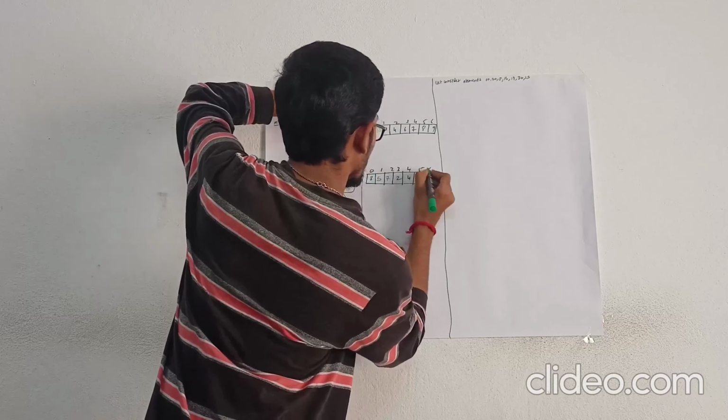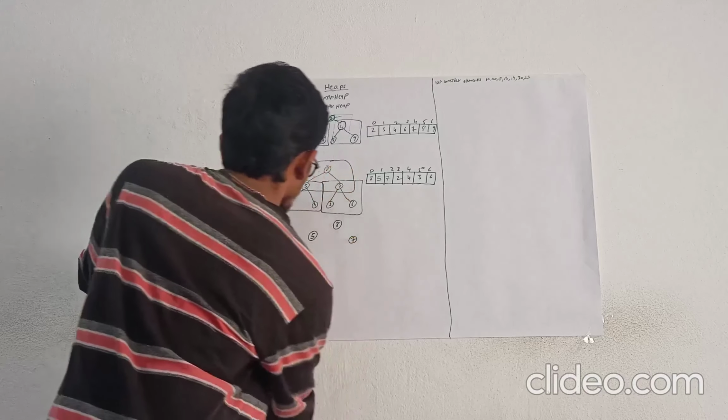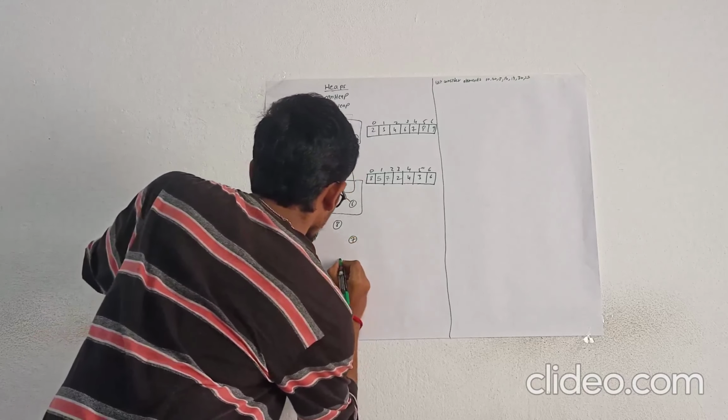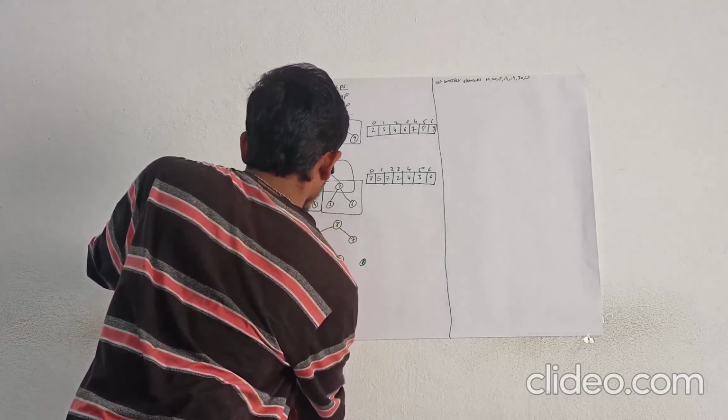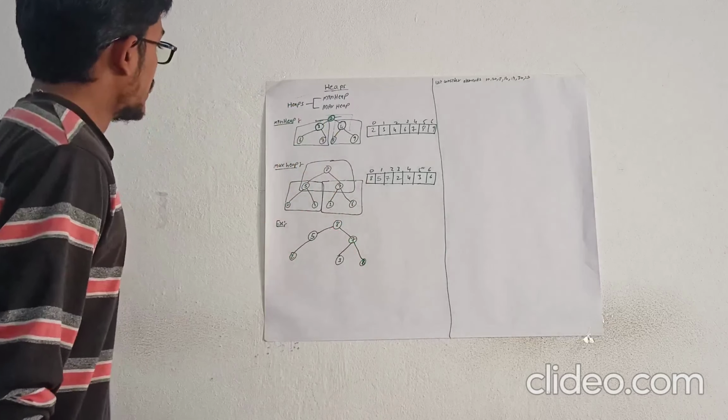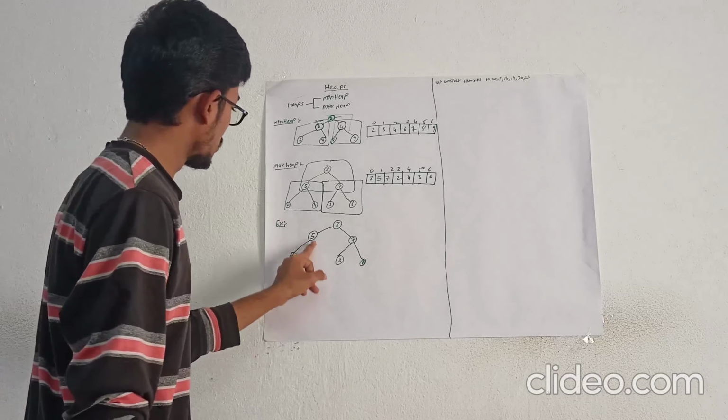Now if you consider this example case, here one child is missing.